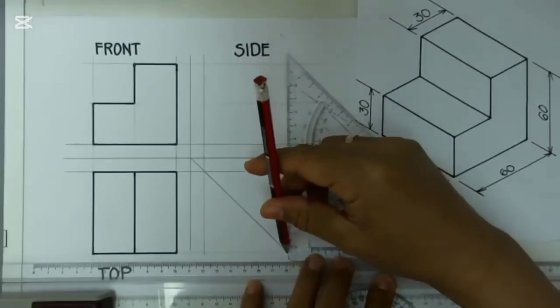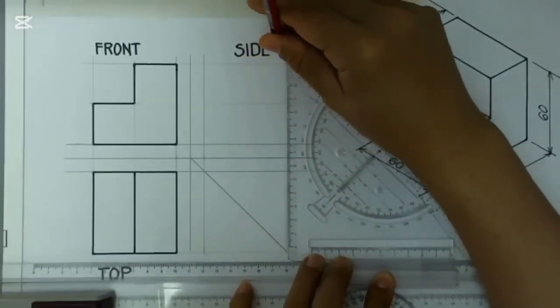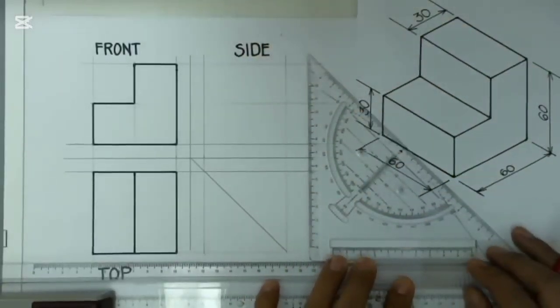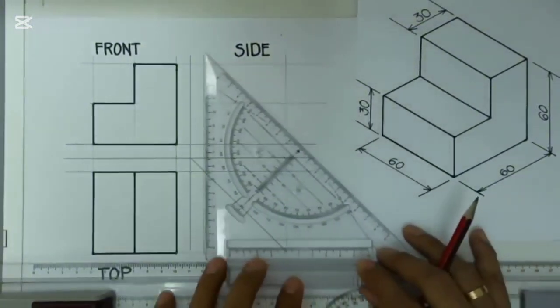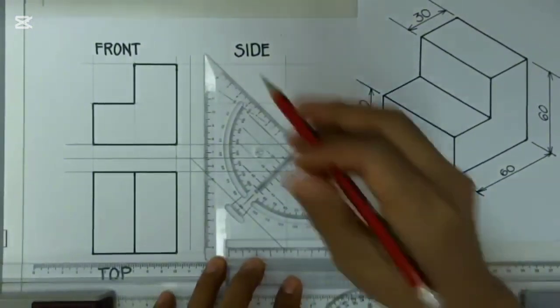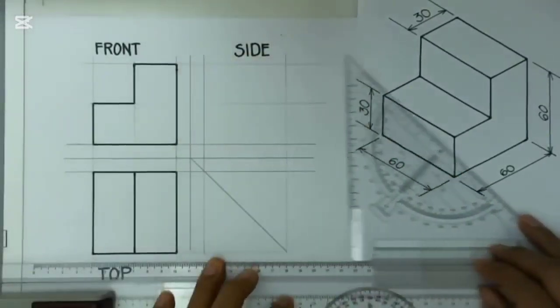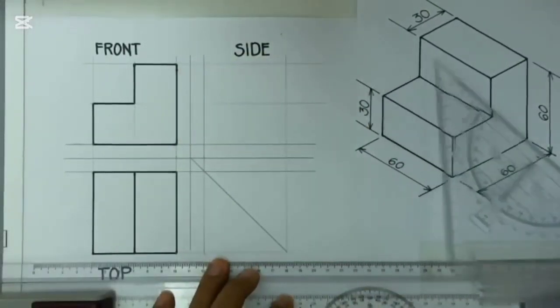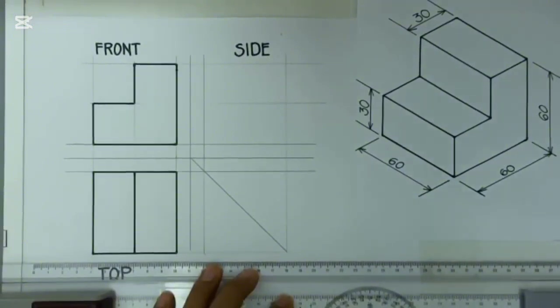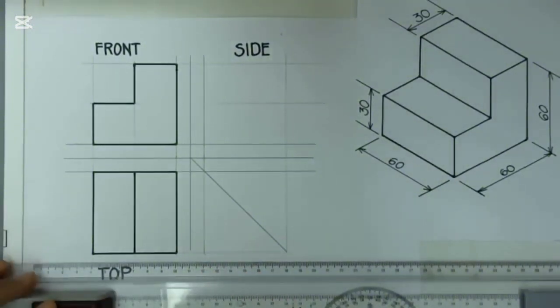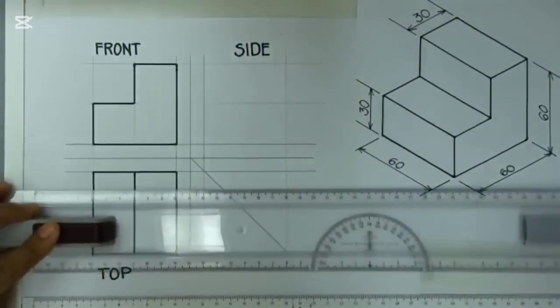So from here, extend, going up. From here, extend, going up. Now our side view is done. All we have to do is to make visible lines.